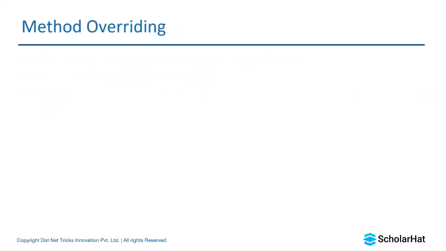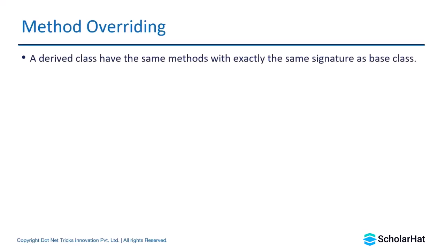The other thing you can achieve is runtime polymorphism, also known as method overriding or dynamic method dispatch. Basically, method overriding can be achieved with the help of inheritance, because multiple classes come into the picture, a kind of parent-child relationship.